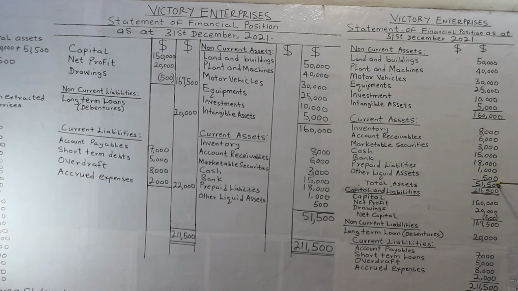If you add everything here, it's going to give you 51,500. Now, 160,000, which is the non-current assets, plus 51,500, which is the current assets, gives us 211,500. That is the total assets.